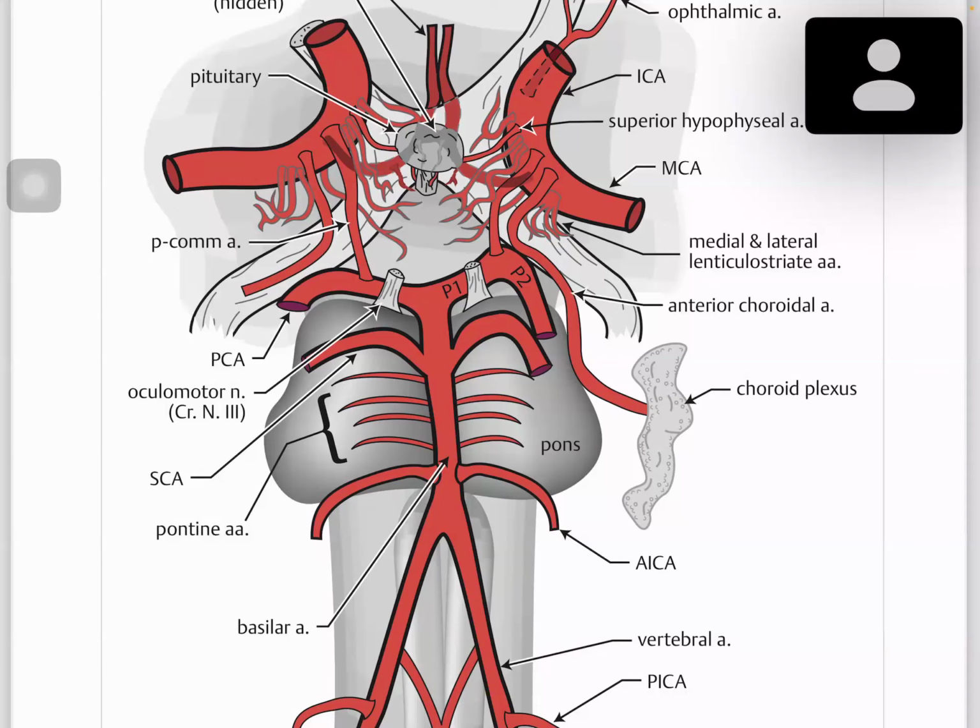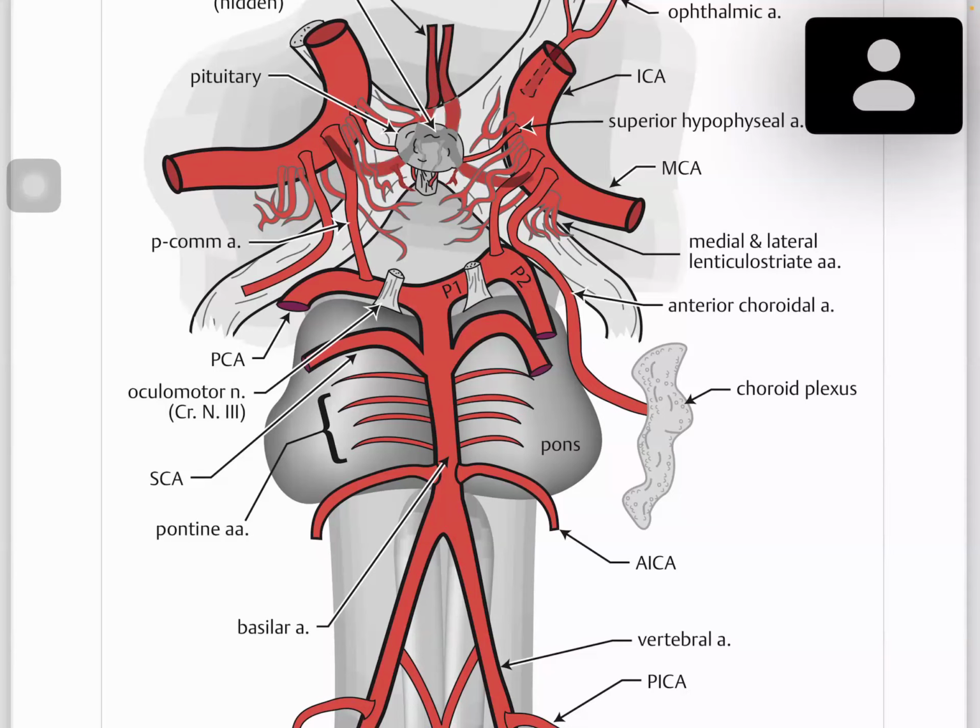The superior cerebellar artery will vascularize mostly part of the pons, but will course posteriorly to also vascularize the vermis and the different lateral hemispheres of the cerebellum.